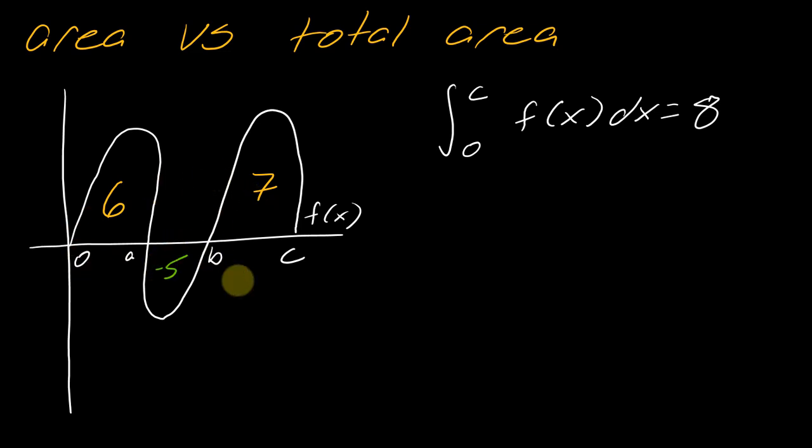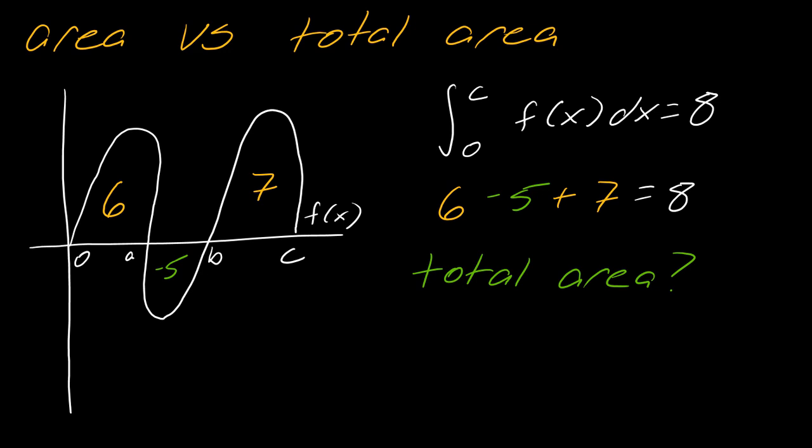So when I calculate all of this up, really what's happening here is I'm taking this 6, this -5, and this 7, and all of those contribute to making this area of 8. But what is total area? Total area is just taking the absolute value of all of these things. So I could just add each one of these, and the total area in this case would be 18.